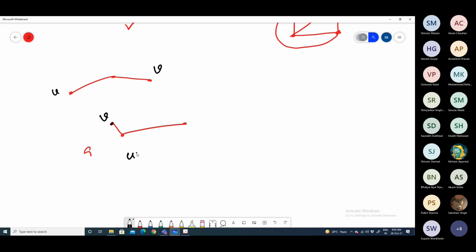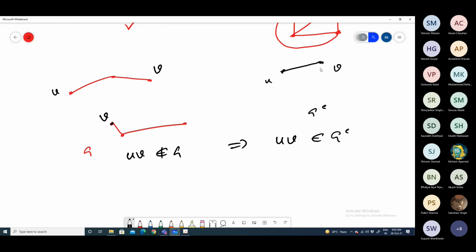So that implies UV is in G complement. Therefore in G complement, there is an edge between U and V.